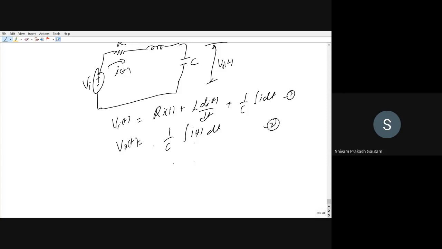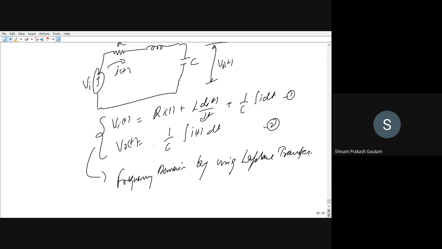So, in order to avoid that, we will convert these two equations into the frequency domain by using the Laplace transform.